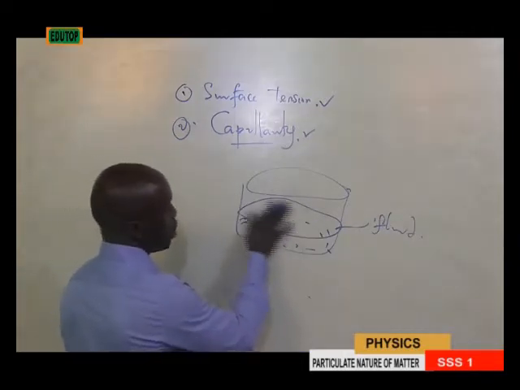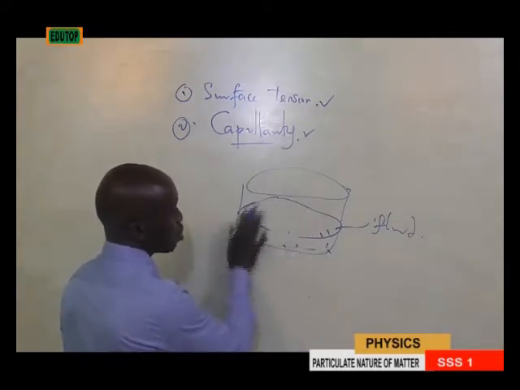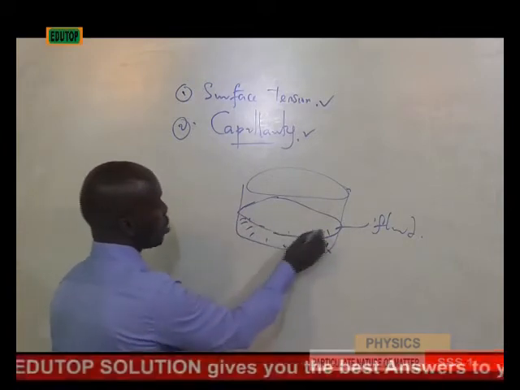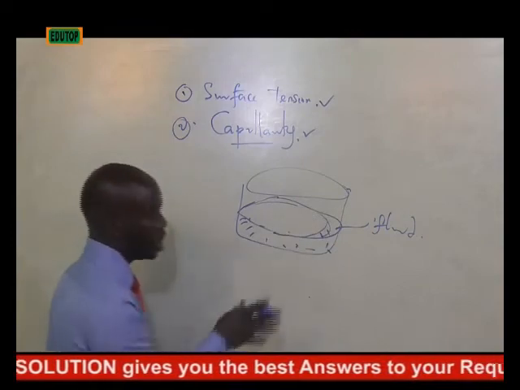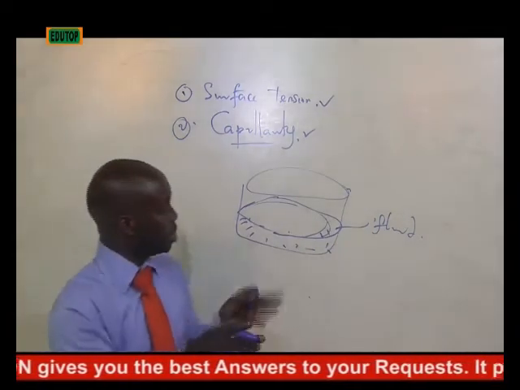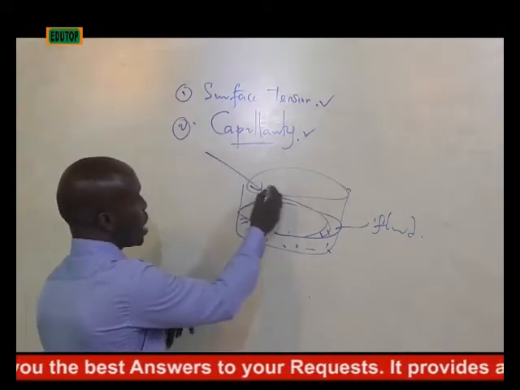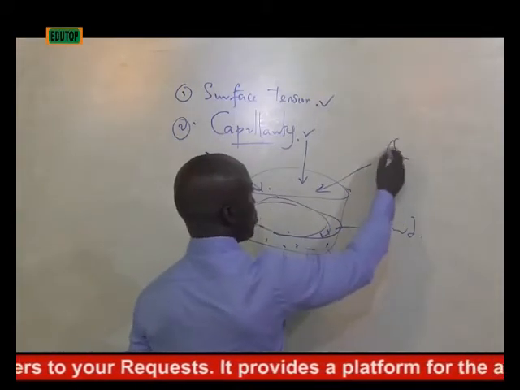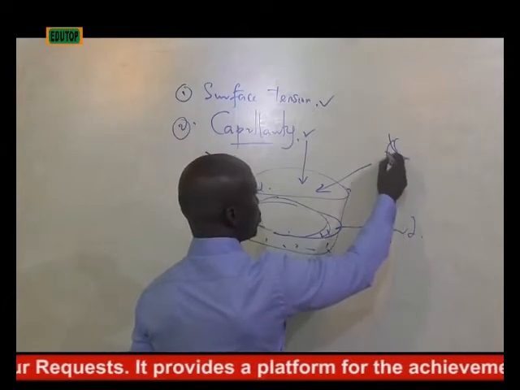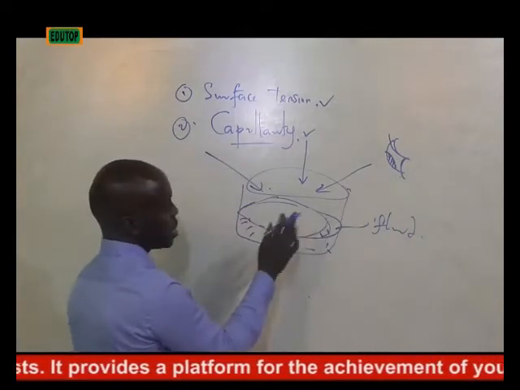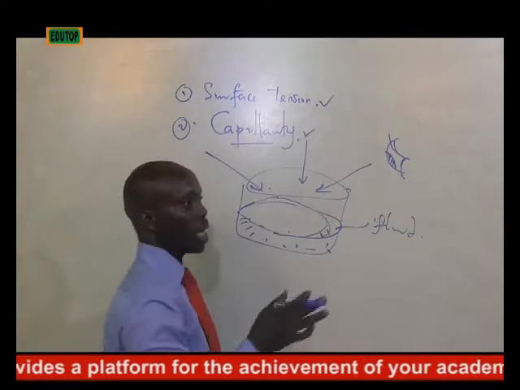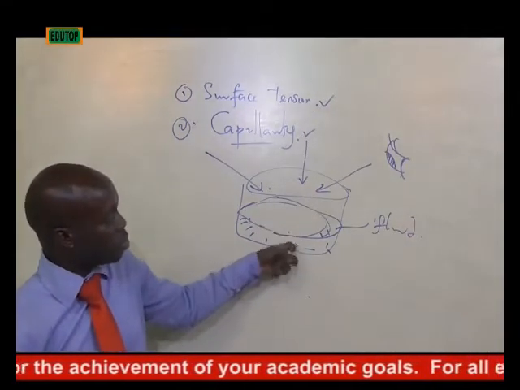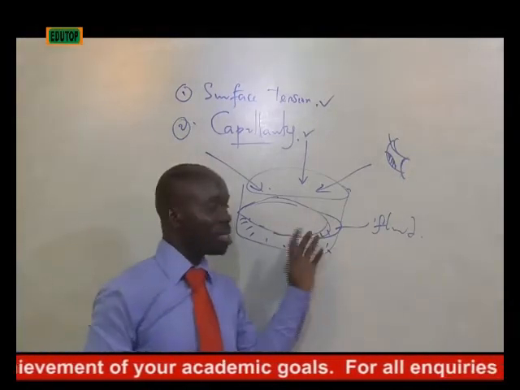This is the surface of this content. When you are viewing it from this side, let's say this is the eyeballs, you see it as if the surface is looking like a skin, or an elastic skin. It means that that particular fluid is exhibiting surface tension.